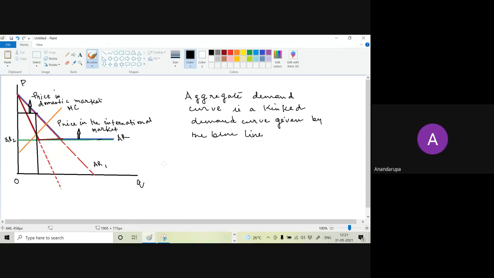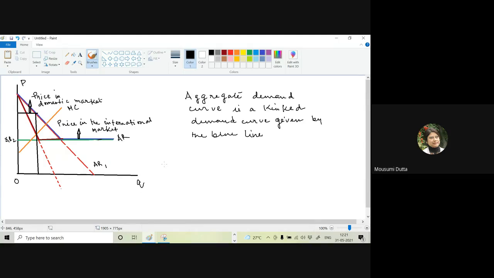Ma'am, could you please repeat once why the demand curve in the international market is horizontal? Because the monopolist is one of many sellers in the international market. In the international market, the monopolist is behaving just like a perfectly competitive firm.